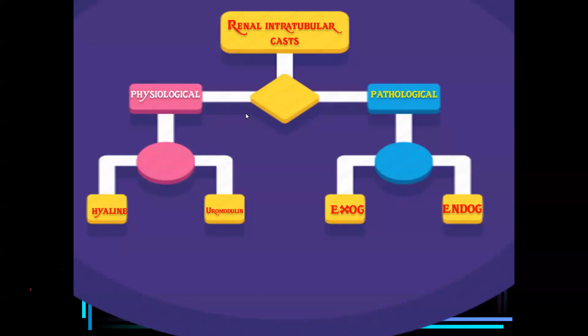Okay, but pathological types of renal intratubular cast may be classified into exogenous and endogenous. By saying exogenous, I mean that this cast is caused by an exogenous factor from outside the body. For example, exposure to a certain drug or a certain toxin from outside.